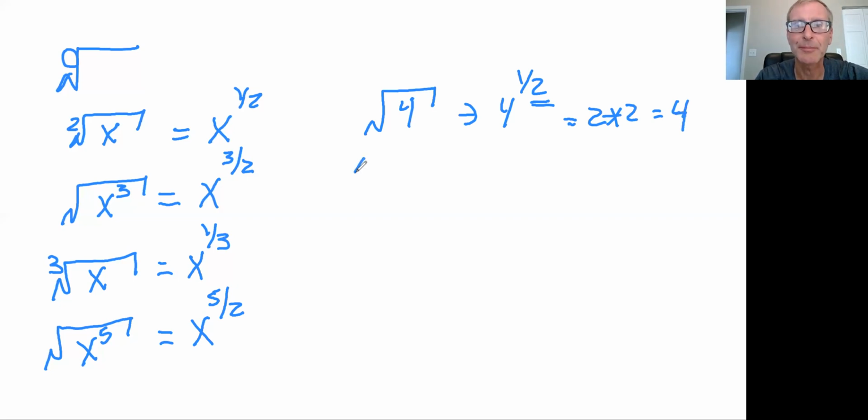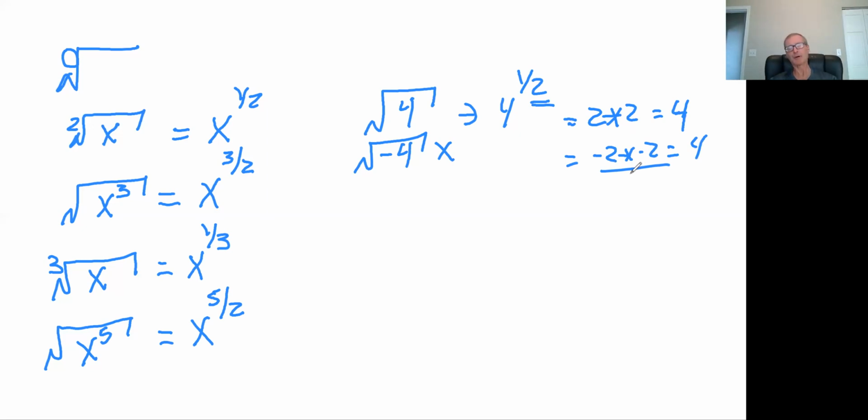And remember we talked about we can't do this, right? That would actually be 2i if we were talking about complex numbers that we just did. But remember, -2 times -2 also equals 4, right? So that's why you really can't take the square root of a negative number.